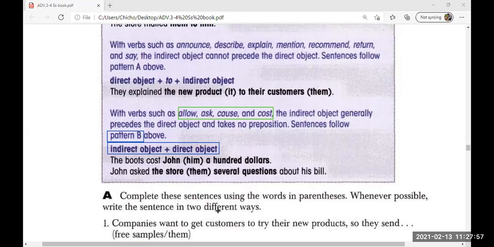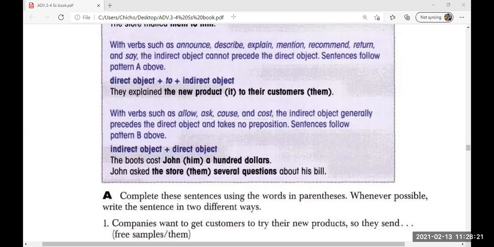No podríamos decir the boots cost $100 to John. Estaría incorrecto, ¿cierto? John asked the store several questions about his bill. So remember, in these verbs, we use pattern B.